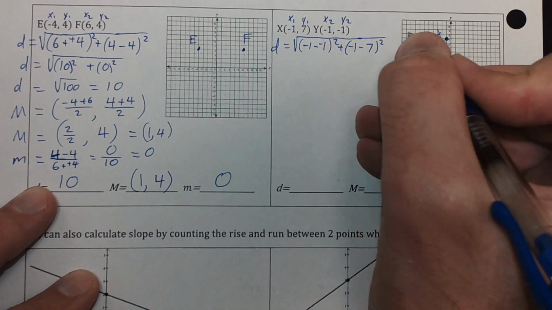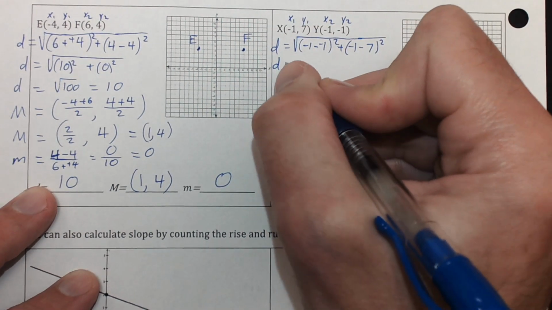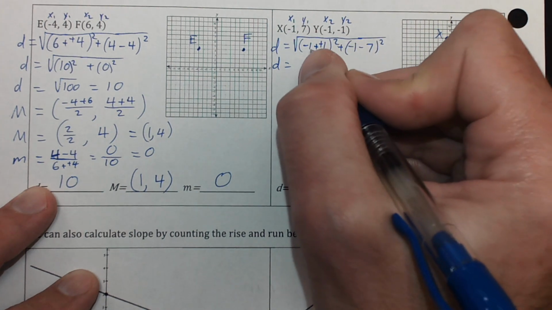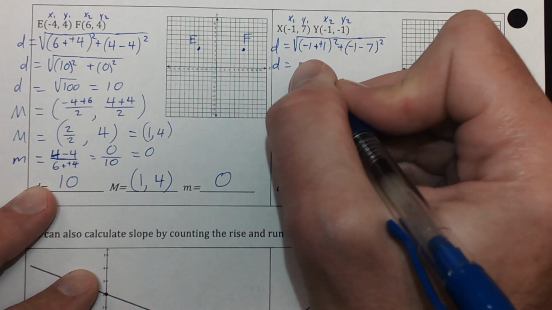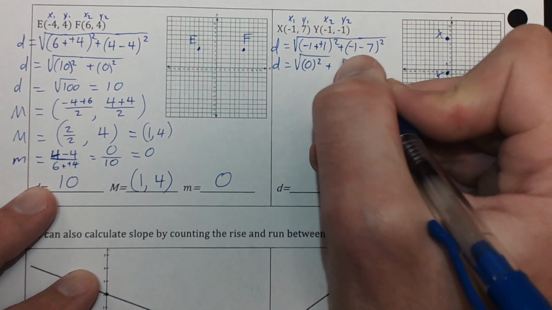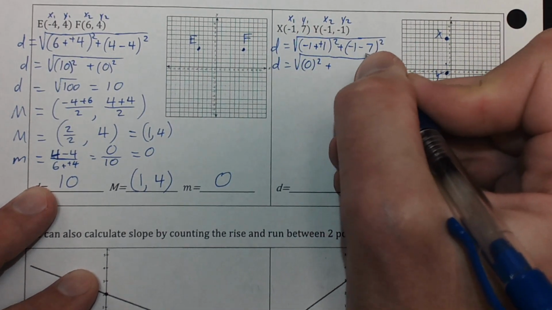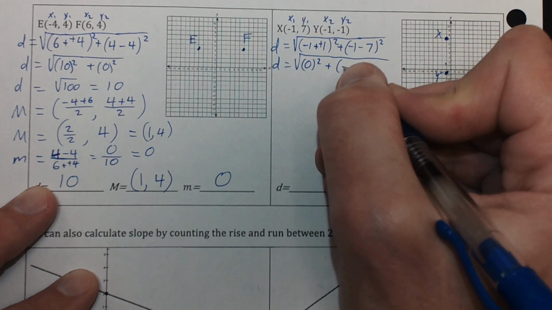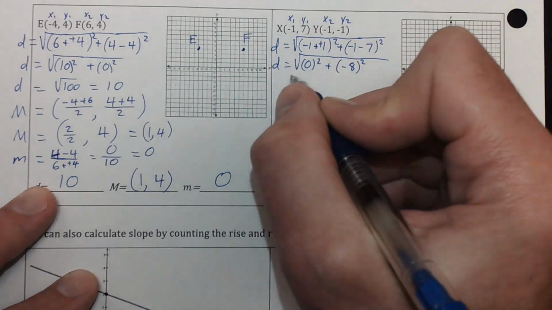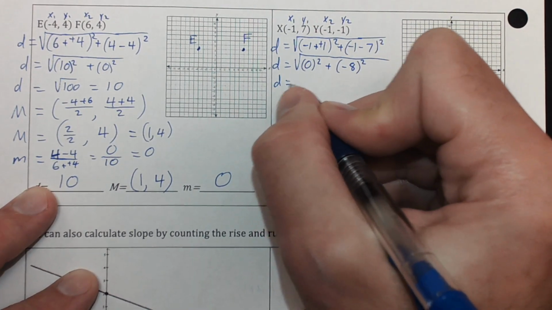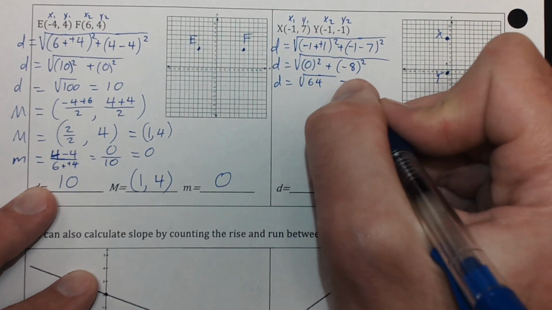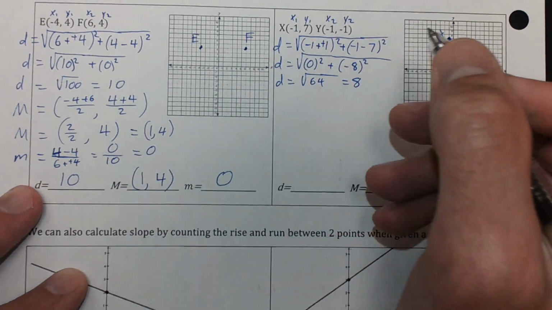Square that. So your distance comes out to be -1 minus a -1 is the same thing as -1 plus 1, which is 0 squared, plus -1 minus a 7 is -8, because they're both negative. Square that. Your distance turns out to be the square root of 0 plus 64, which is 64, which is exactly equal to 8.